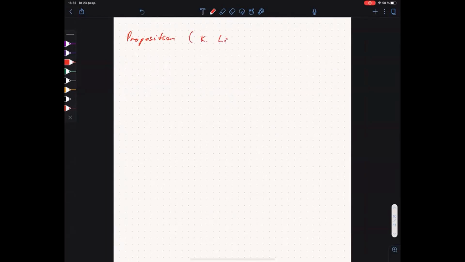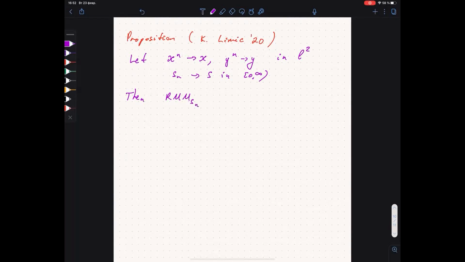Let x_n go to x and y_n go to y in L2, and also s_n go to s. Then RMM_{s_n} of (x_n, y_n) goes in probability to RMM_s of (x, y) in L2 decreasing.